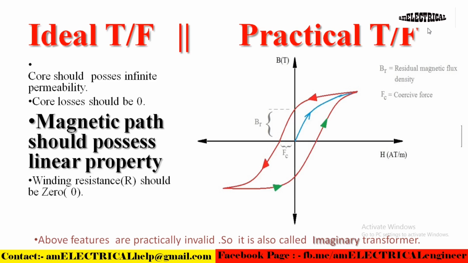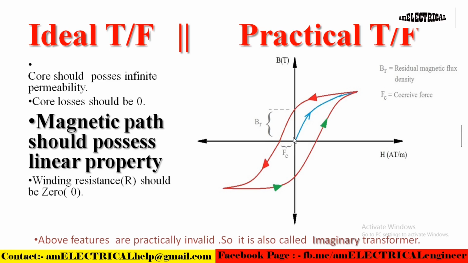The third assumption of the ideal transformer is that the magnetic path should possess the linearity property. This point is also invalid in a practical transformer because when we draw a BH curve, we get a nonlinear curve.